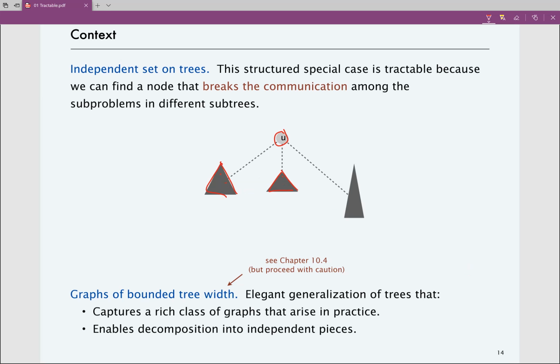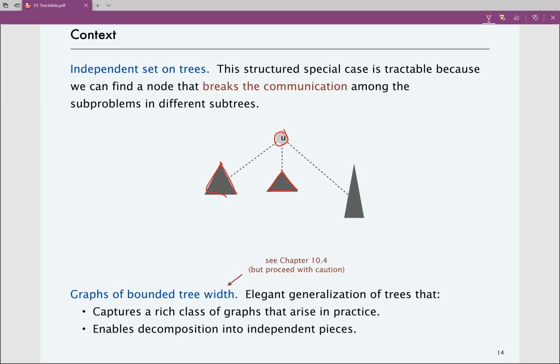Now, this algorithm for independent sets works in trees. Trees are a very special type of graph, and it would be nice if we could expand this algorithm to something more general than trees. It turns out that it is usually possible to expand these algorithms to a larger set of graphs. In particular, there's a type of graph called graphs of bounded tree width.